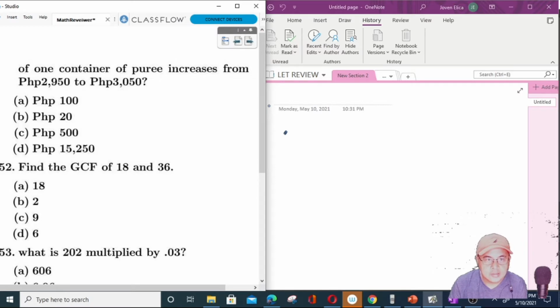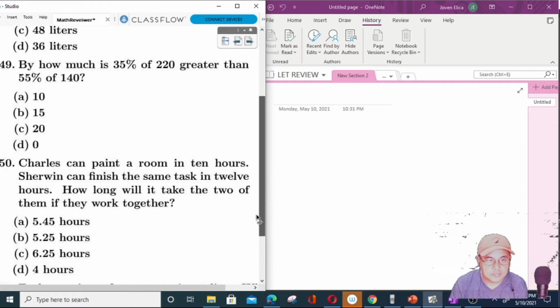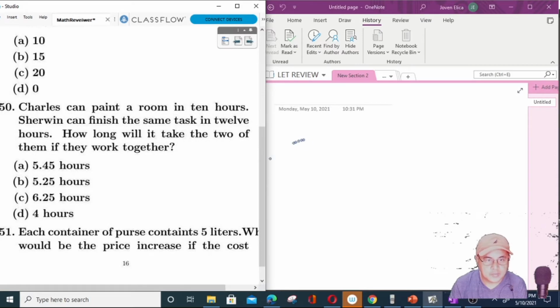So the given, again, let us read the question. Each container of puree contains 5 liters. So let us write the given.